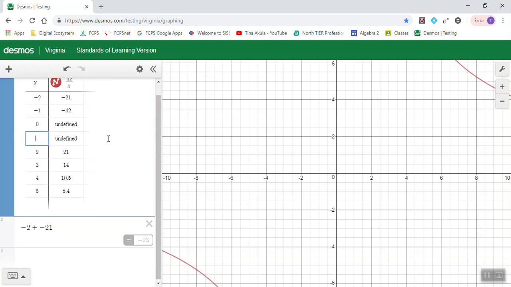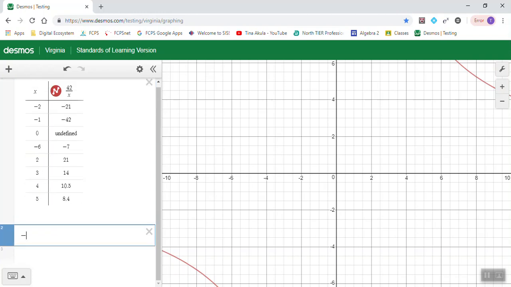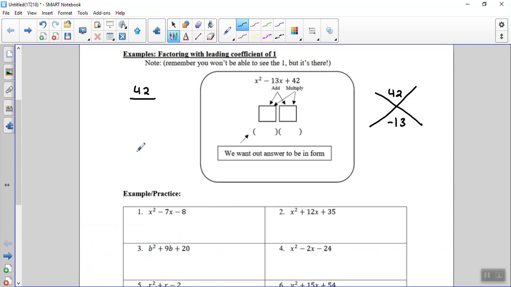What about negative 4? Nope. Negative 5? No. Negative 6? Well, that might work. Let's see. Negative 6 plus negative 7. Is that negative 13? Yes, it is, right there. So I'm going to use these two numbers, negative 6 and negative 7.